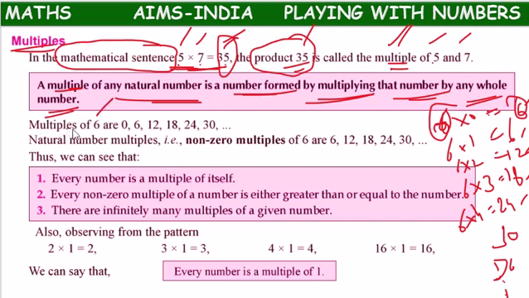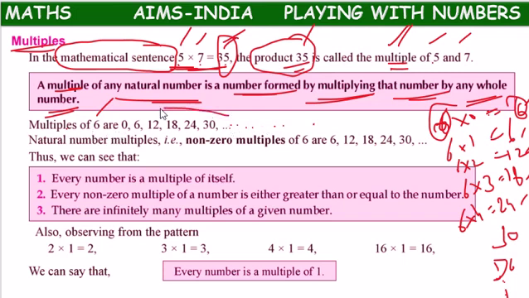If they ask multiples of 6, we can multiply it starting from 0 to any number, because whole numbers are infinite. Like that, multiples of 6 are also infinite. There is no limit to multiples of any number.